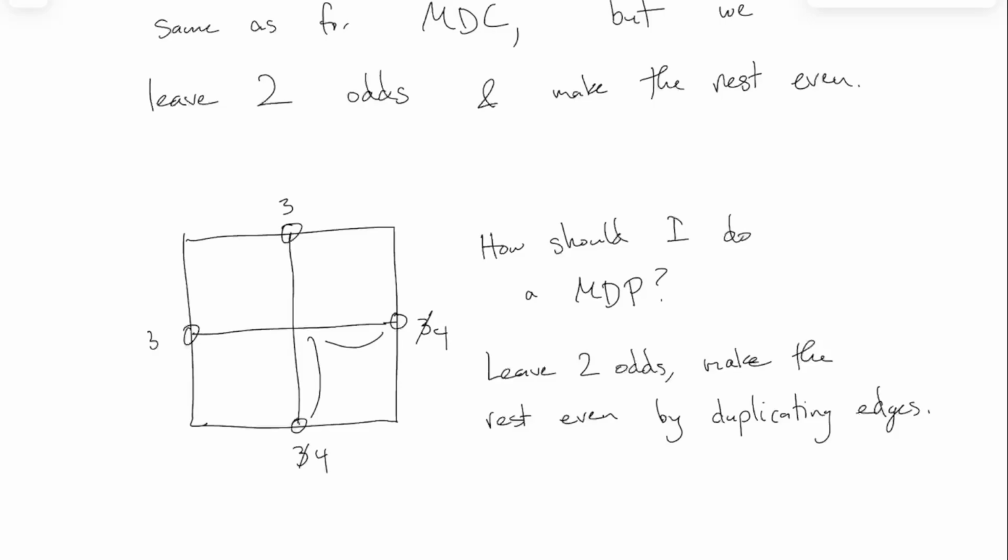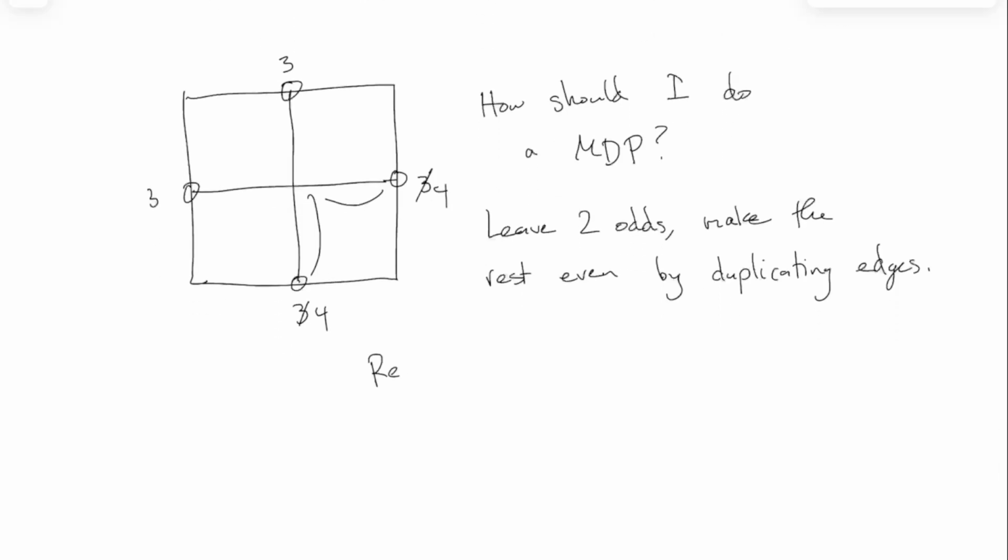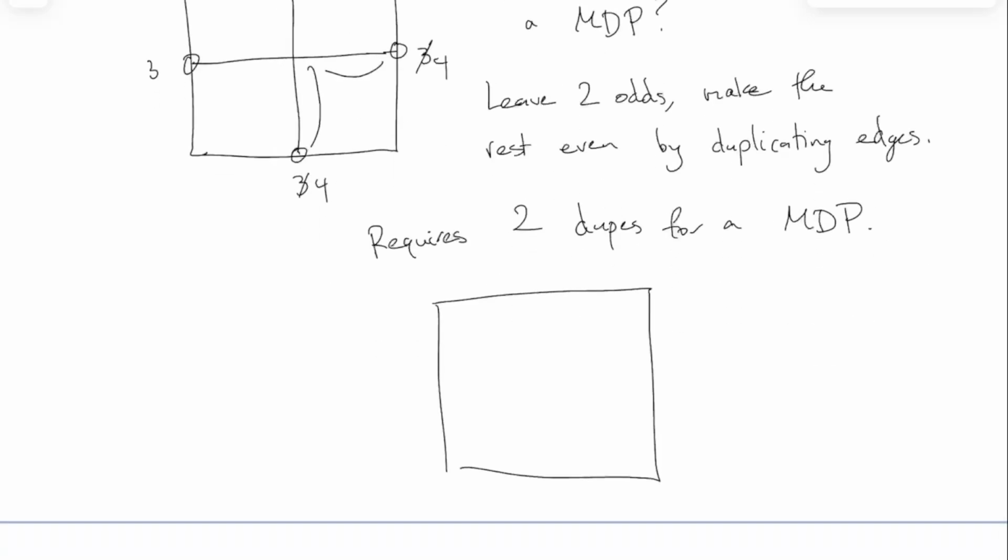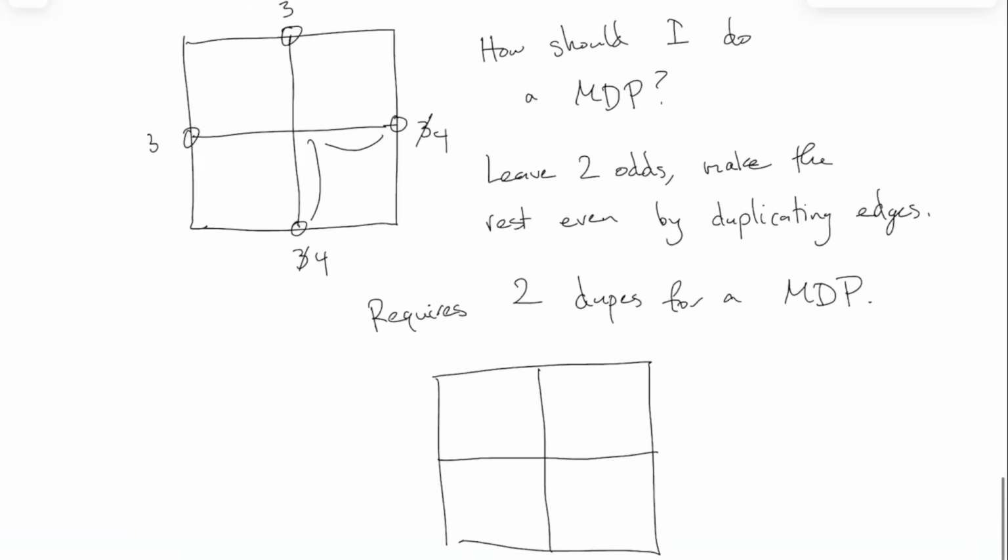So I decided to leave the one on the left and the one on the top as odds, but I duplicated those other 2 there. All right, so this requires 2 duplications for a minimum duplication path. And if I were to draw it in, just for fun, remember, since I left those 2 on the left and the top as the odds, that means I have to start at one of the odds, and I'm going to end at the other one.